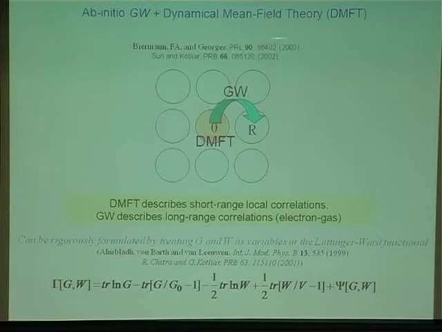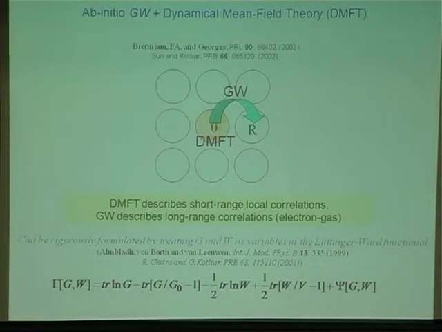The basic idea is rather simple. If we consider a lattice, we will try to describe the local self-energy using dynamical mean field theory, because we know this is good to describe the local correlations. And the intersite or non-local self-energy we will describe within the GW approximation.